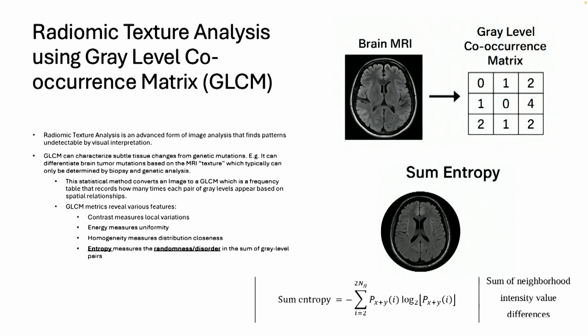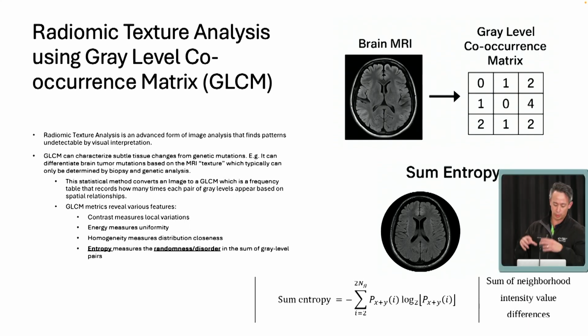The GLCMs, what you essentially do is you take all of the gray matter pixels. You take all the pixelations in the MRI, and you essentially drop a matrix onto it, and then you look at the variability in the pixel intensity between neighboring pixels. Then you can run a couple of different types of equations that give you a sense of what local variation looks like, how uniform the signal is, how homogeneous it is.